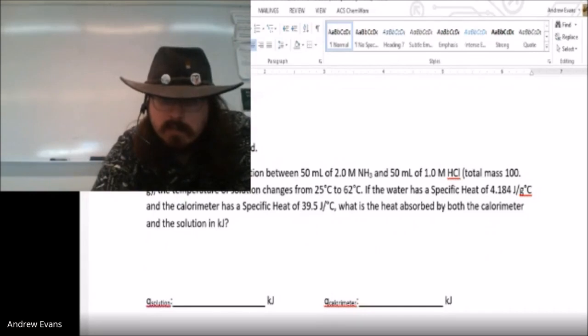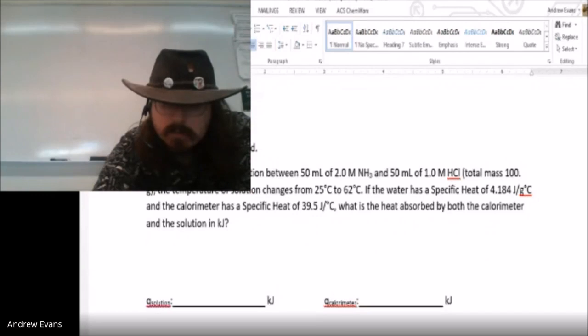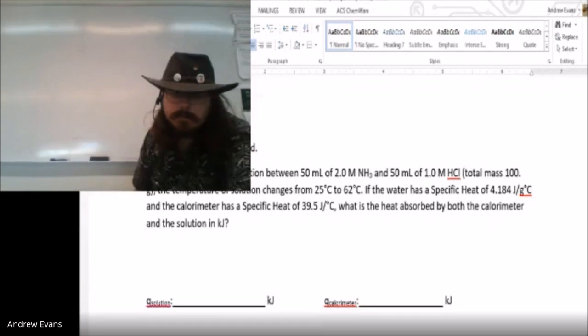During lab, a reaction between 50 mL of 2 molar ammonia and 50 mL of 1 molar HCl, creating a total mass of 100 grams of solution, was mixed together, at which point the temperature of the solution goes from 25 degrees to 62 degrees. If the water has a specific heat of 4.184 and the calorimeter has a specific heat of 39.5, what is the heat absorbed by the calorimeter and the solution in kilojoules?